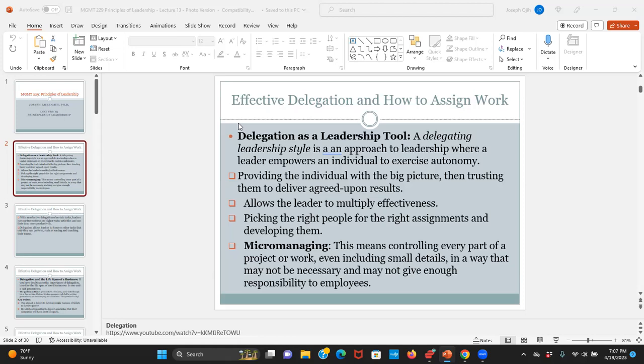Delegation and how to assign work are very important skills that allow the leader to multiply his or her effectiveness. Successful leadership also means picking the right people for the right assignment and developing them.